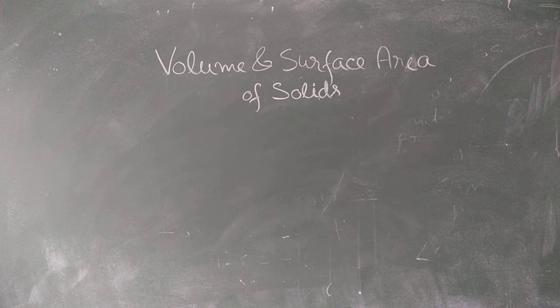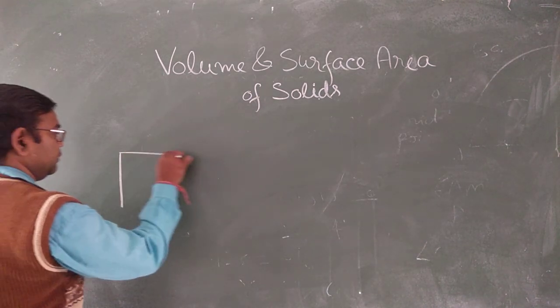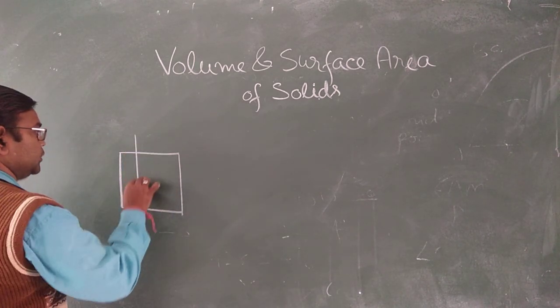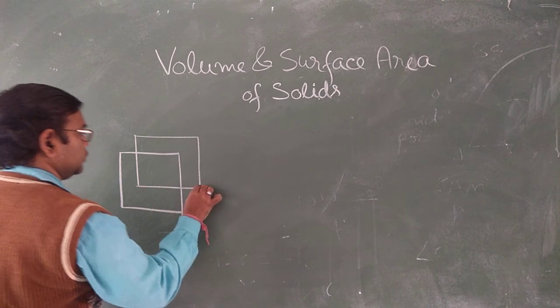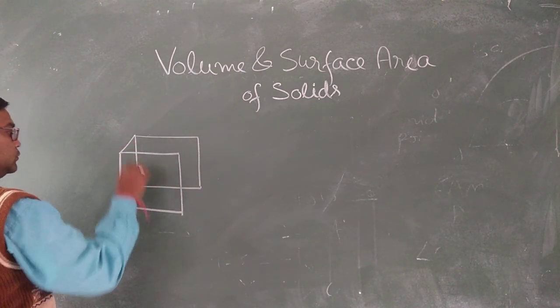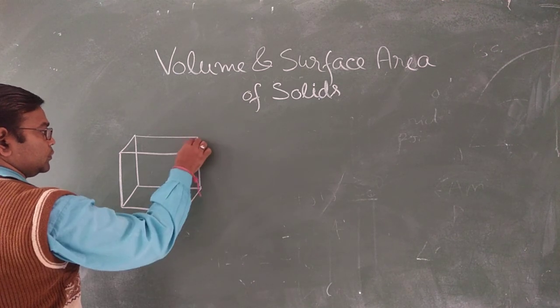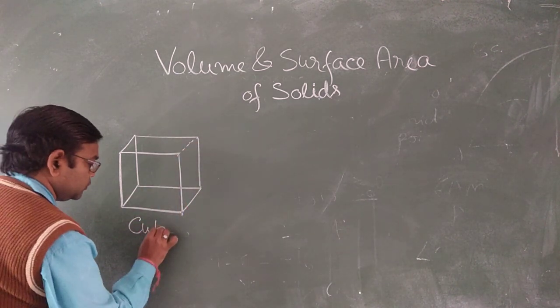Now the next one is your cube. If in case of a solid we have a square base and a square top, then this structure is known as your cube.